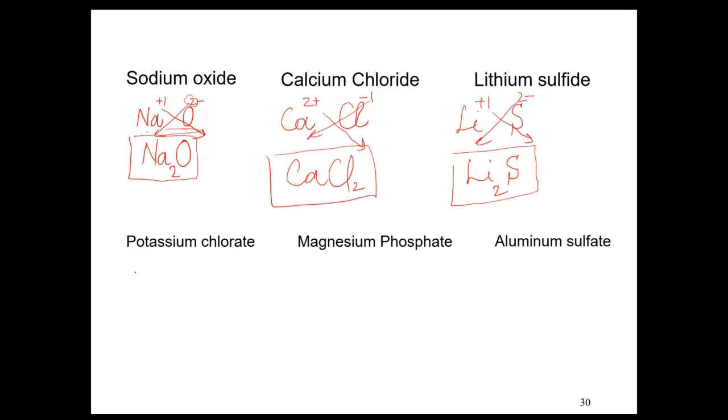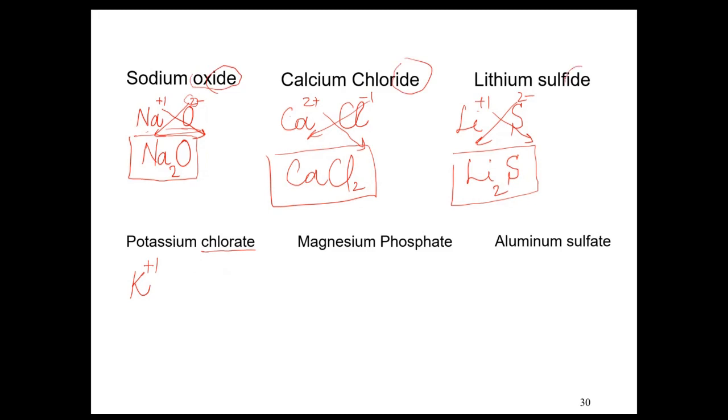Potassium chlorate. What is the symbol for potassium? K. It is +1. And chlorate, what should be the symbol for chlorate? Here is the problem, boys. Listen carefully. In the first row here, the names end with IDE.